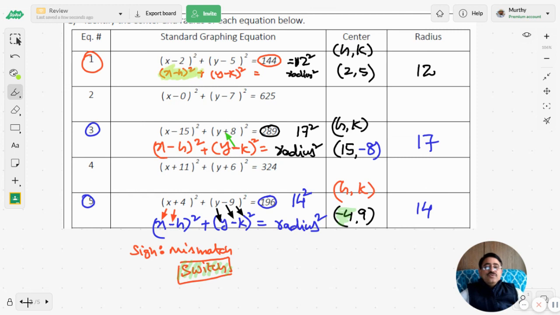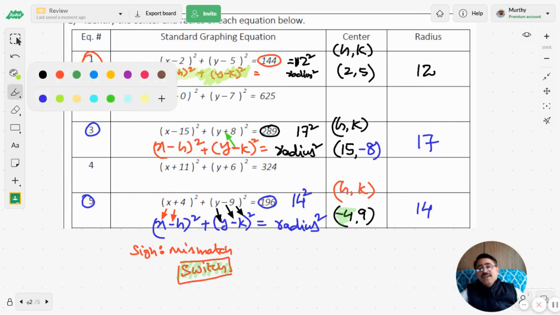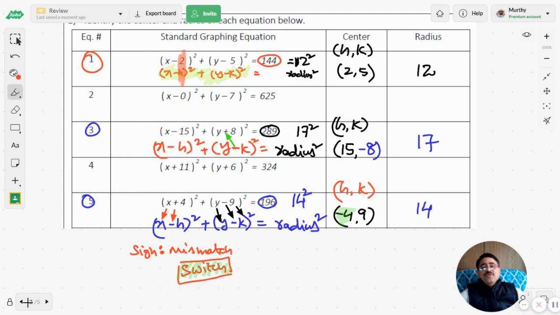Just write the equation of a circle, and then it's easy to identify the h value and k value. Please remember, if they have a negative sign, no issue, but if there is a positive sign like this, then you have to switch and take the value as negative.